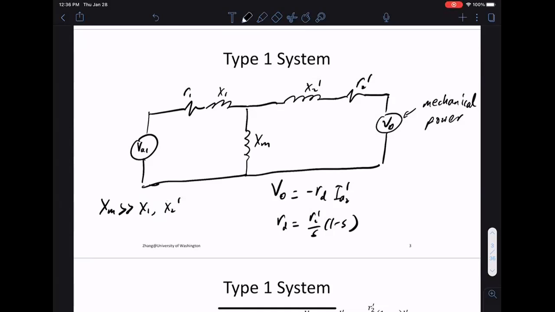If we make this assumption, when the shunt value is very large, what does that look like? What can we pretend the circuit is? What's the simplification we can make, if XM is very large compared to X1 and X2 prime?